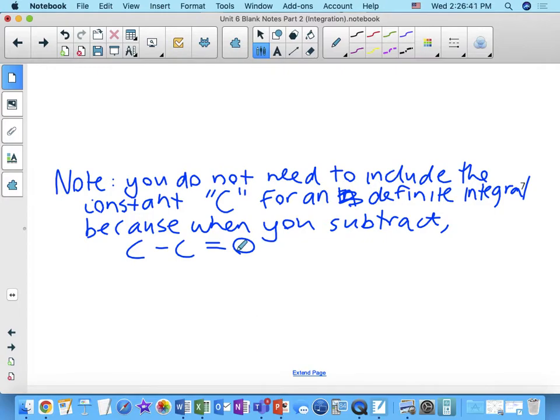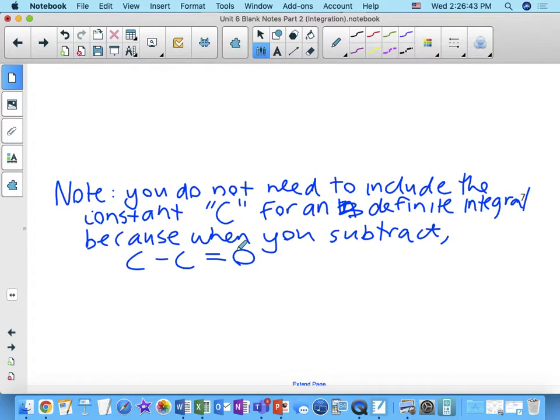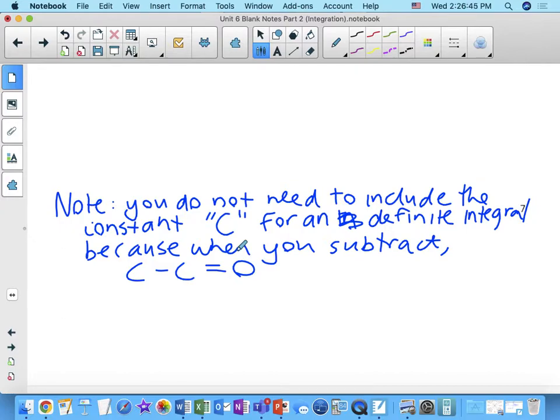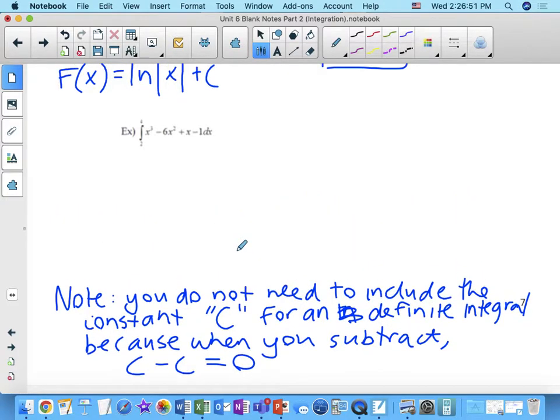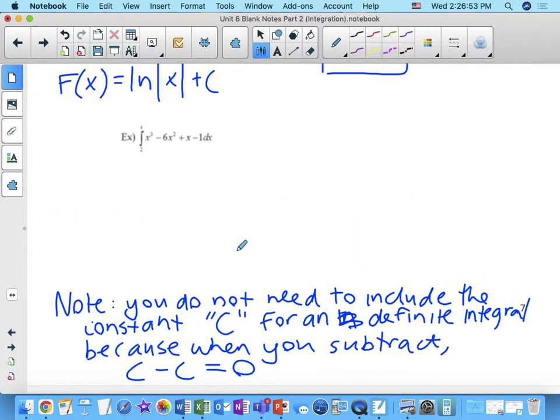And at the end of the day, all we're really concerned about is what's the value of the definite integral. Okay? All right.